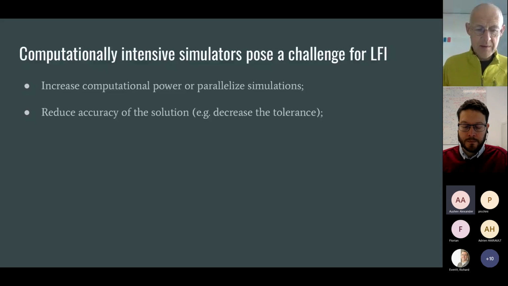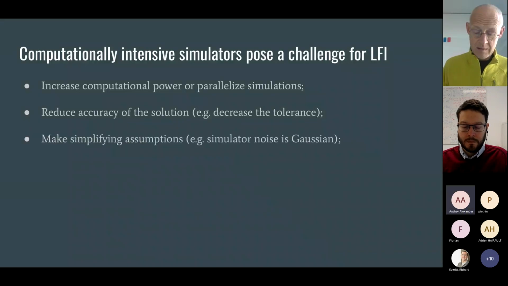Another way is to reduce the accuracy of the solution, for instance by decreasing the tolerance threshold that we talked about on the first slide. The third way is to make some simplifying assumptions.